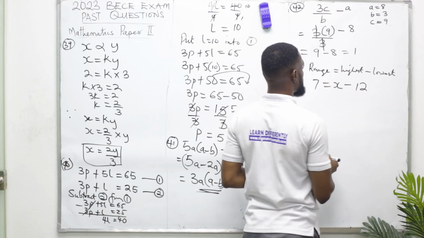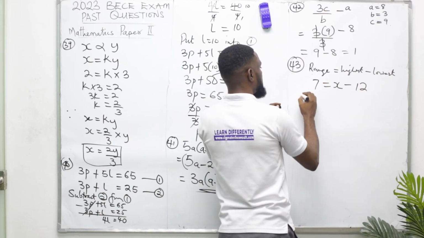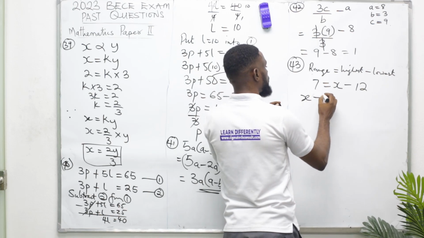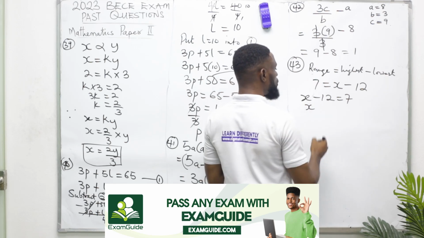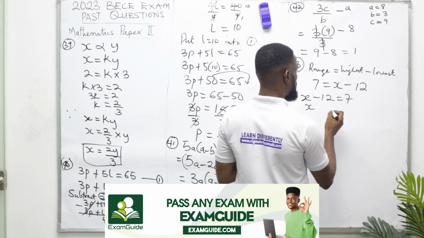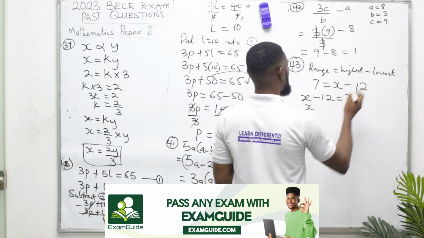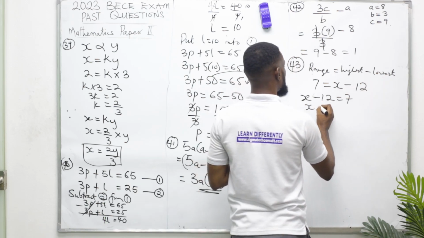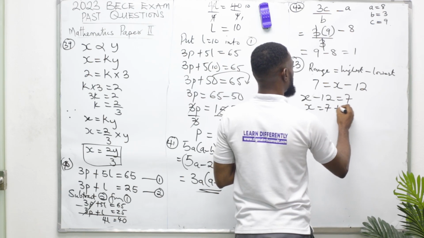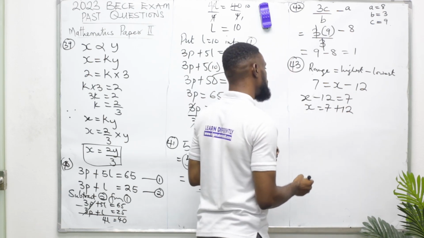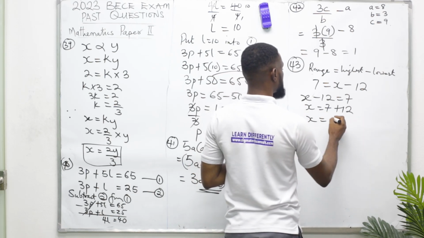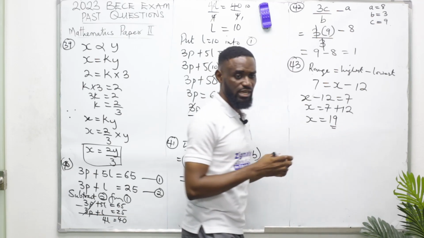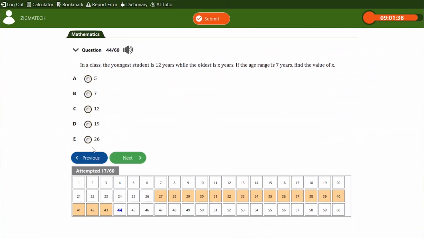This means I can rewrite x minus 12 is equal to 7. So x will be equal to 7 plus 12, which is 19. So x will be equal to 19. Option D is the correct one there.